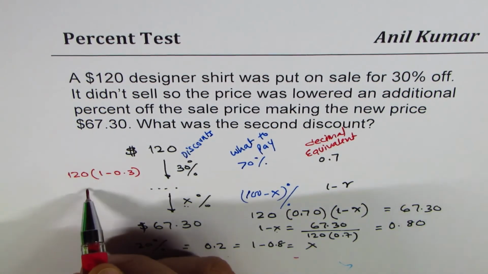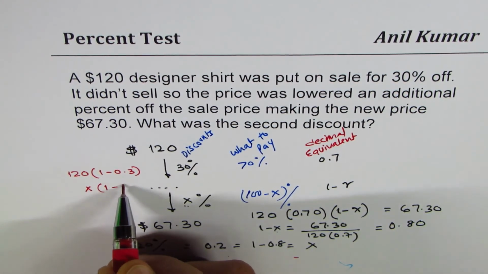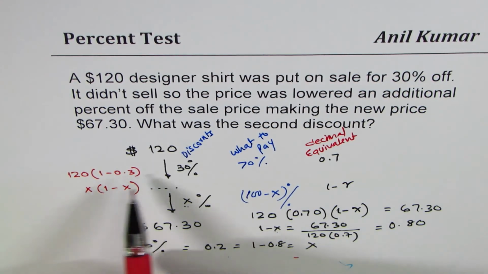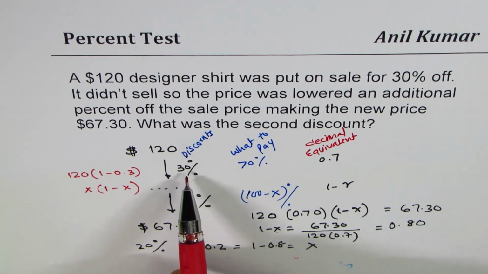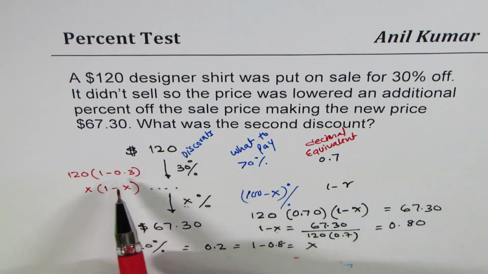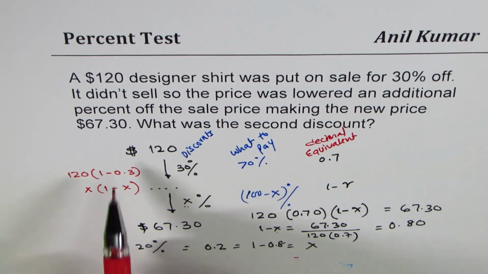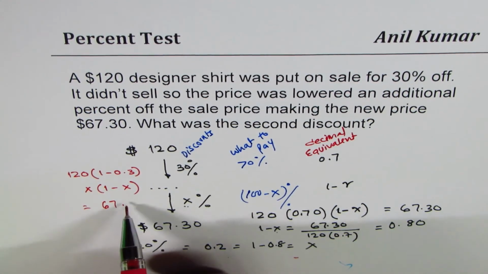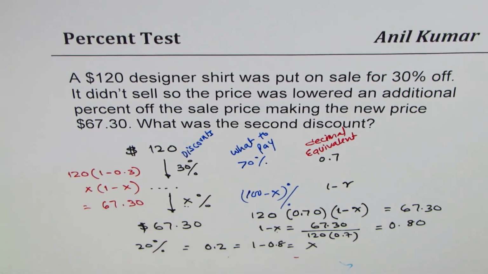And then at this place, you again multiply by 1 minus X, correct? You get your answer, because what you pay is take away the discount from 100%. So that payment is equal to 67.30. Do you see that? So that is how easily we can solve such questions.